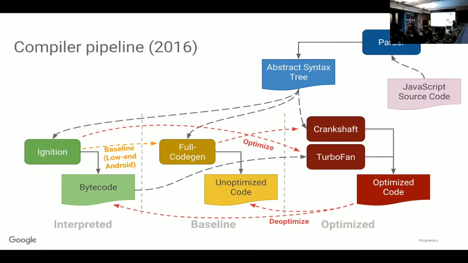Yeah, it got more complicated. The Chrome Android development team said, well, we need something else. They created an interpreter, Ignition. Ignition passed code to the full code gen, which created unoptimized machine code. Ignition also created bytecode.